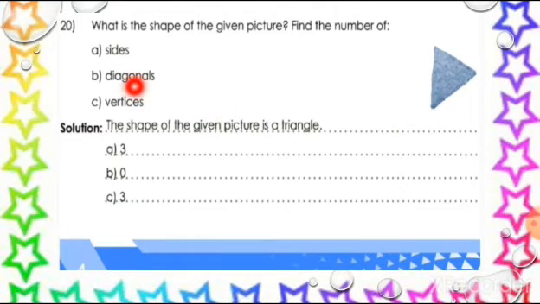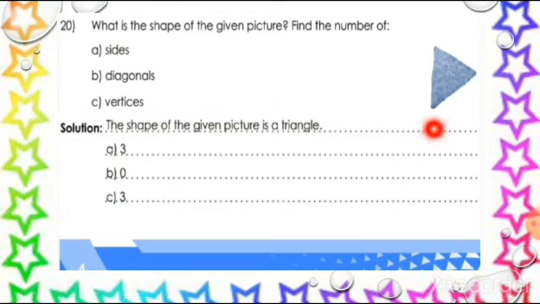And how many diagonals? My dear children, we know that triangles and circles do not have any diagonal. We cannot draw a diagonal on circles and triangles. So here the number of diagonals is 0. Now vertices.